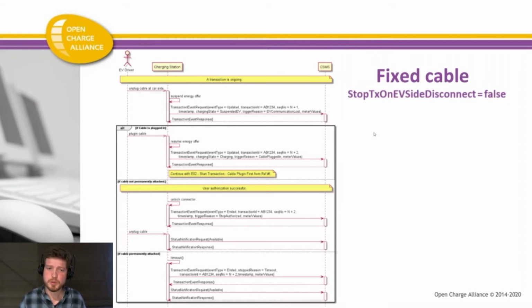But when you want to stop a transaction, there's a difference. So if you look at this part, this is for when you have a detachable cable. The user needs to authorize again to unlock the cable and then unplug the cable to make the charger available again. But in the case you have a fixed cable, then a timeout has been implemented because we cannot be sure that the EV driver actually returns, because it does not need to retrieve its charging cable.